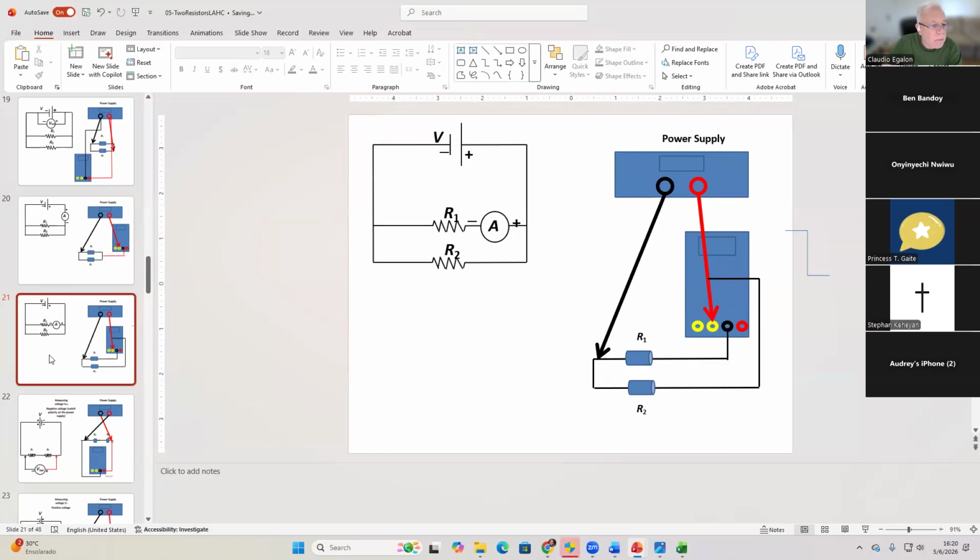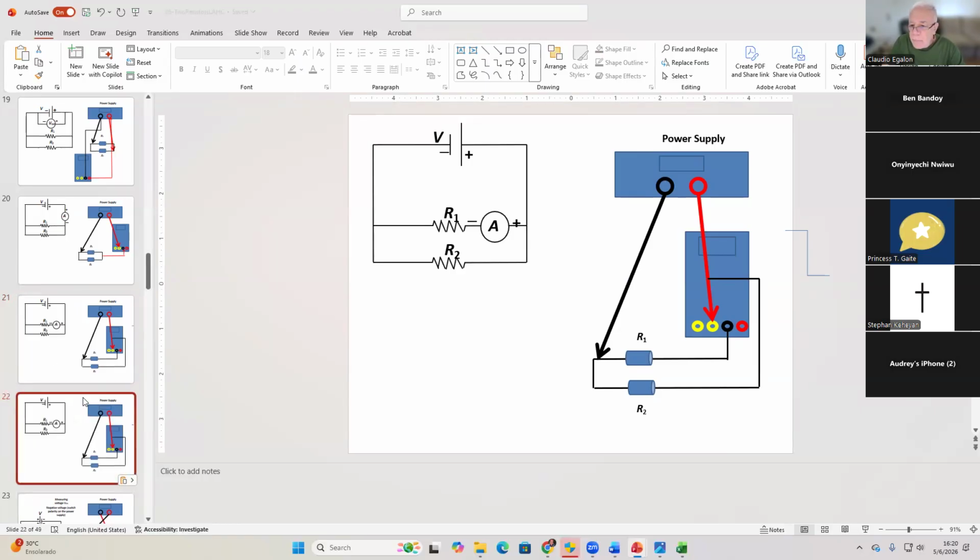And to measure current two, all you have to do is to swap resistor 2 with resistor 1, okay?